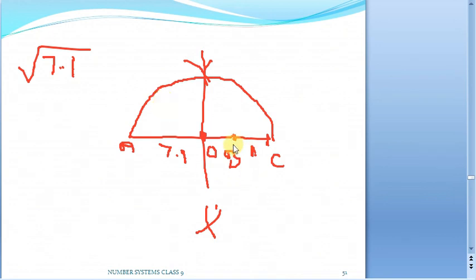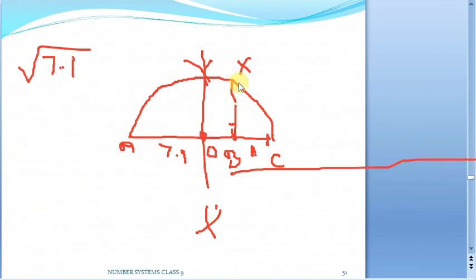Now after that, from this point B, drop a perpendicular at 90 degrees such that this perpendicular touches the semicircle, and let us say this is X. This BX will give you the square root of 7.1. Now what we have to do is consider this as 0 and start the number line like this, and taking BX as the radius, drop this to the number line.